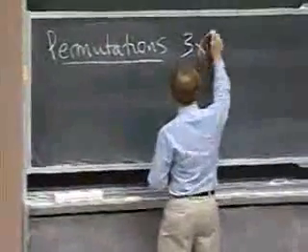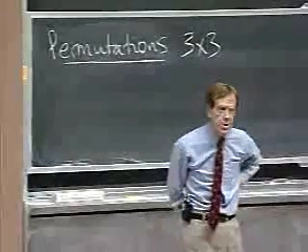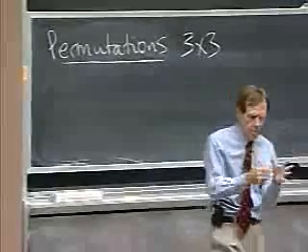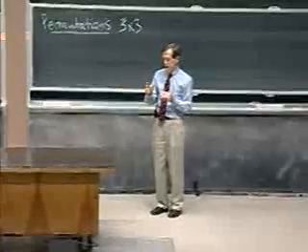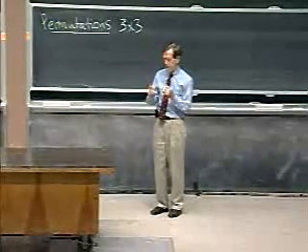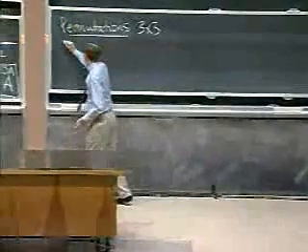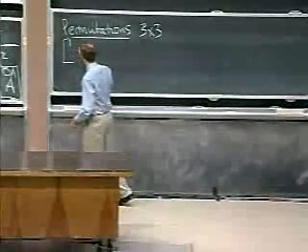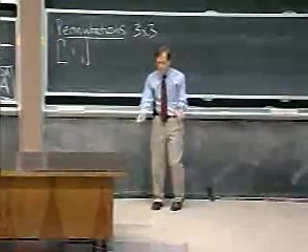Actually, why don't I just plain list all the 3 by 3 permutation matrices? There are a nice little group of them. What are all the matrices that exchange no rows at all? Well, I'll include the identity. So that's a permutation matrix that doesn't do it.